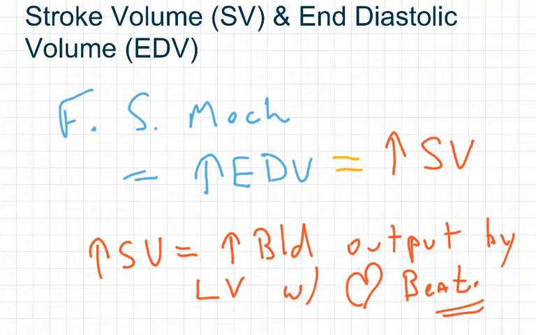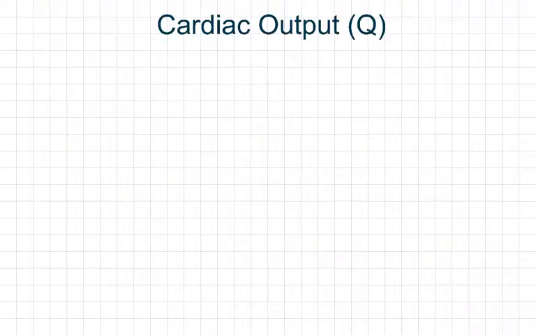Now, these components are important because they allow us to quantify the amount of blood that the heart is able to output per beat. There's another important concept I want to bring forward, which is called cardiac output.